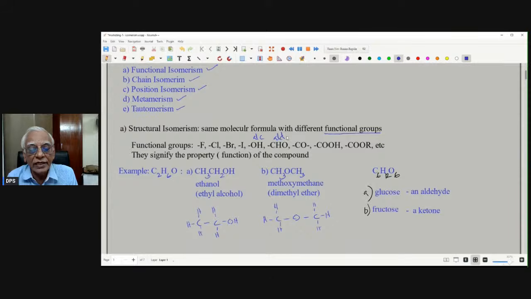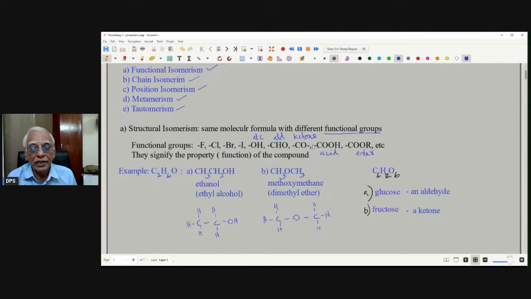Any compound containing CHO is called an aldehyde. Any compound containing only CO is called a ketone. Any compound with COOH is called an acid, specifically a carboxylic acid. This is called an ester. So these are the different functional groups, and because of them, they have different properties.